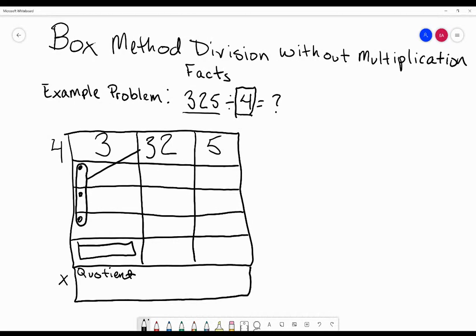And again, we're going to give away 1 at a time to each group until we run out. So let's go ahead and get started. We have 1, 2, 3, 4. Now we're going to start over. 5, 6, 7, 8.